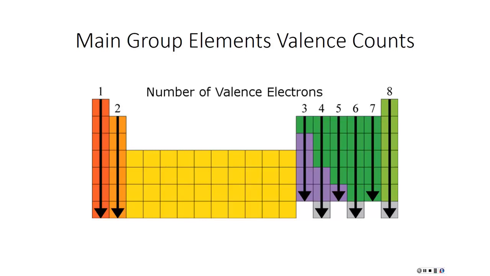Over here in the boron family, we have 3, 4, 5, 6, 7, and 8 for the noble gases there. So you just look at what column something's in, and you very quickly can see how many valence electrons it has. So if I just point, iodine has 7 valence electrons because it's in the 7th column. Over here, silicon's in the 4th column, so it has 4 valence electrons. And if we draw that out, that's exactly right.